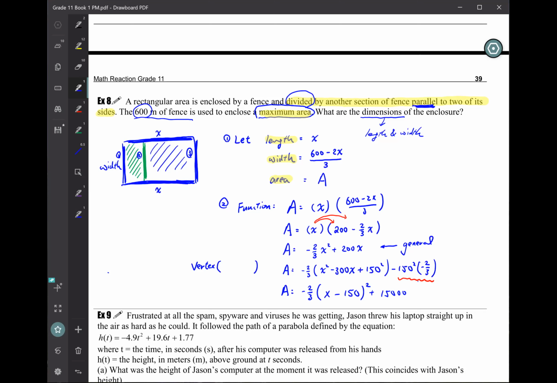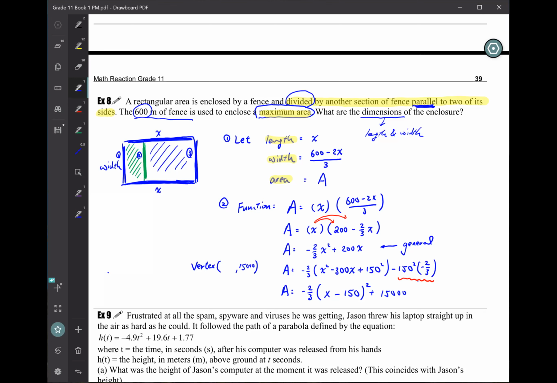I was trying to figure it out, but then you moved on. It's okay, we got the standard form now, right? So based on that standard form, what do you think the vertex is? I don't know the x, but I know the y. So what's the y? 15,000. Okay, and do you know where to find the x? Yeah, it should be.